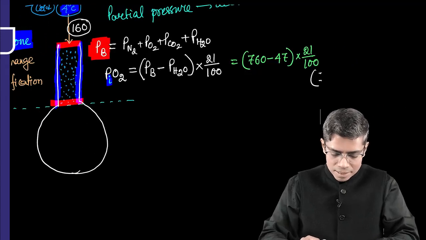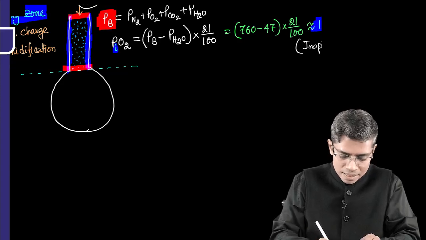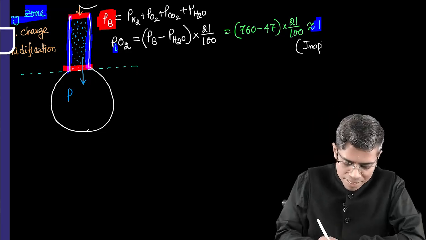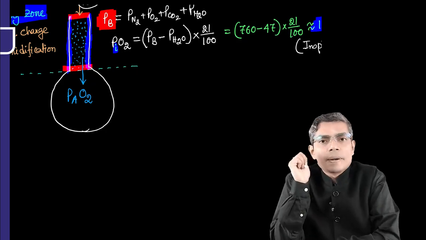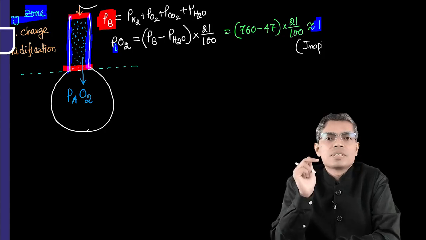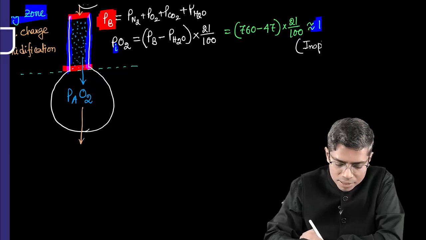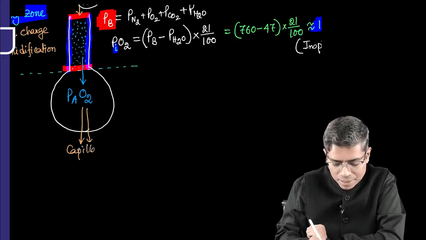Now, when this inspiratory air is further entering at the level of alveoli, that is PAO2, the partial pressure of oxygen at the level of alveoli, there will be a further drop of partial pressure of oxygen. Why? Because we all know that from the level of alveoli there will be continuous absorption of oxygen into the pulmonary capillary blood, right?